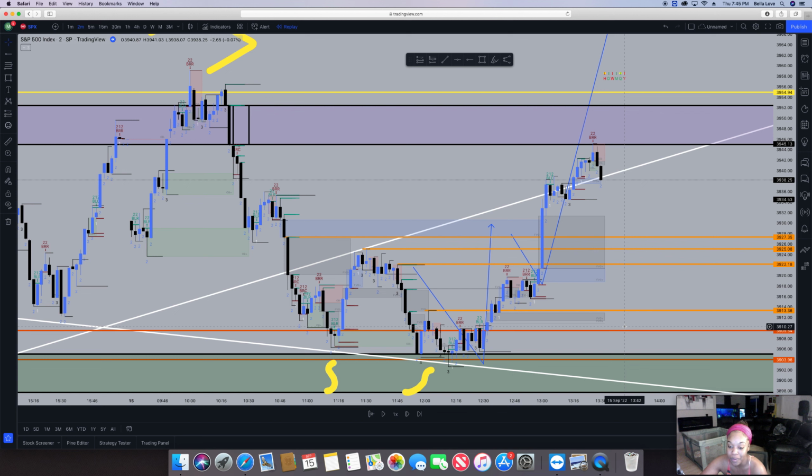So if you add all these things into perspective and you know where your support and resistance is at, and you can spot the sell side and the buy side liquidity, then you are going to be good in whatever you choose to trade. So just real quick, I want you guys to watch how this comes back down.